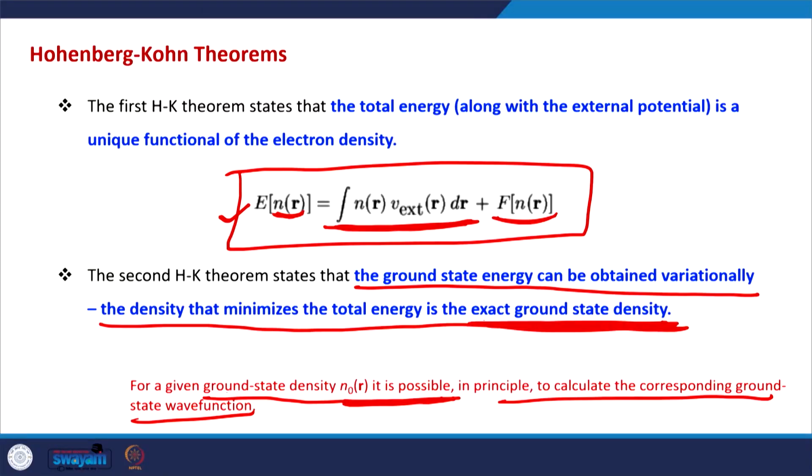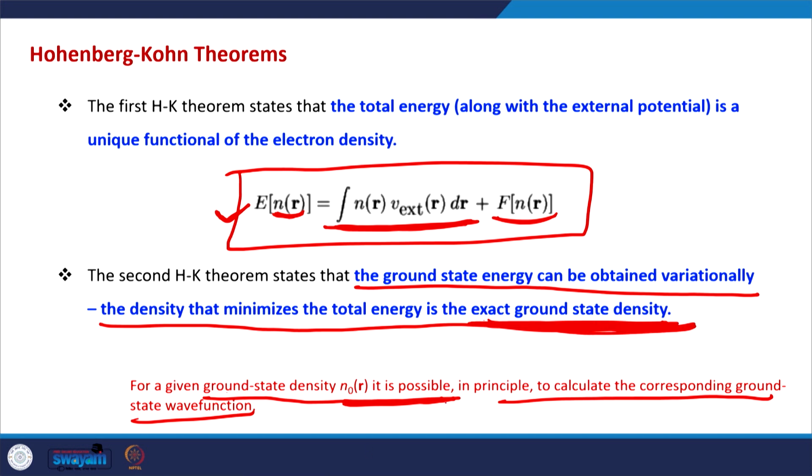But they do not tell us how to calculate the electron density. These HK theorems tell us that the total energy of the system is a functional of electron density, and the electron density that minimizes this energy functional corresponds to the ground state density.